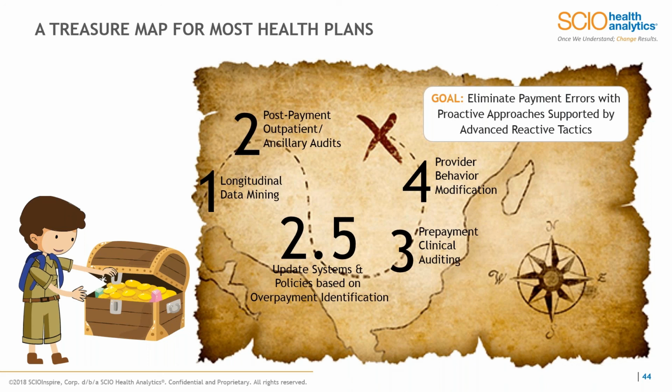I don't believe so. This is really laid out based on the level of effort, maturity of the programs, the opportunity. I think this is a good roadmap for a payment integrity program, regardless of the line of business.